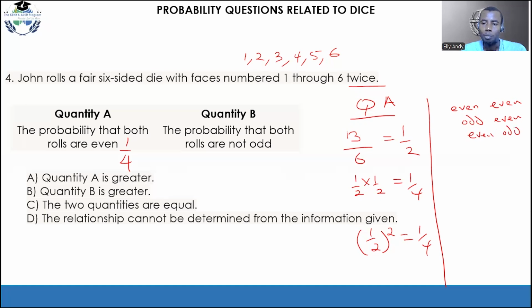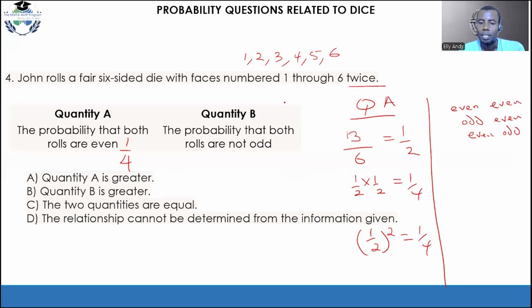Basically, you can't have both rolls giving you odd numbers. Now, let's see. Do we really have to go through each of these cases one by one to calculate the probability that both rolls are not odd?